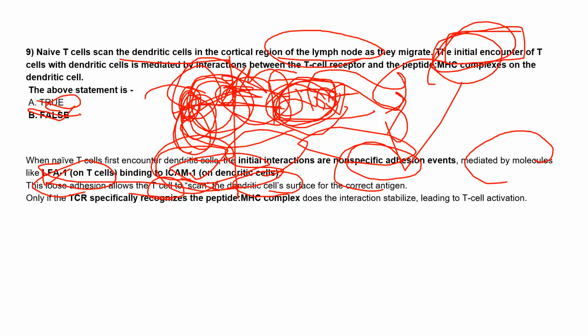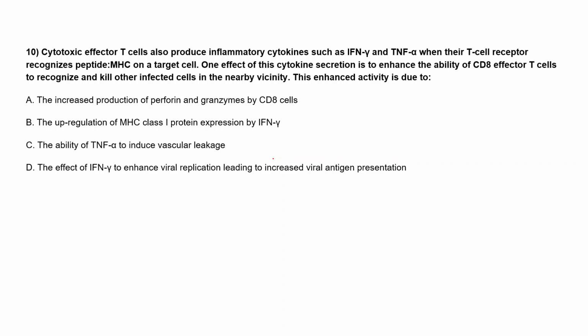That's why this statement is false, because it says that the initial encounter is mediated by the T cell receptor and peptide. That is not the main one. Before that, the initial encounter is the LFA1 and ICAM1 interaction, right?